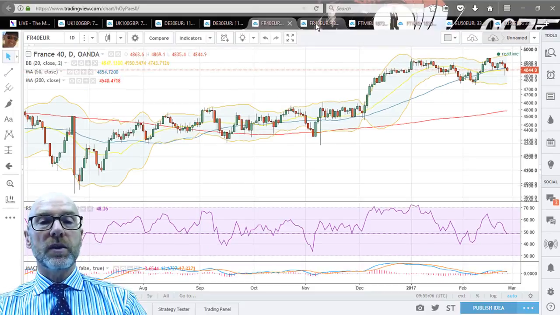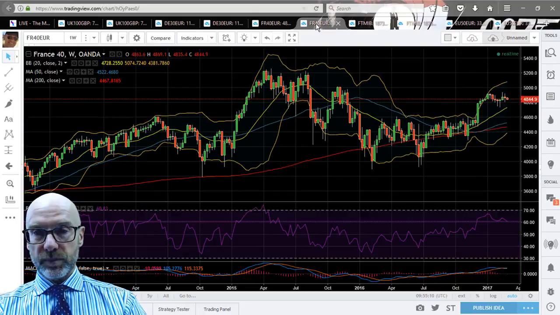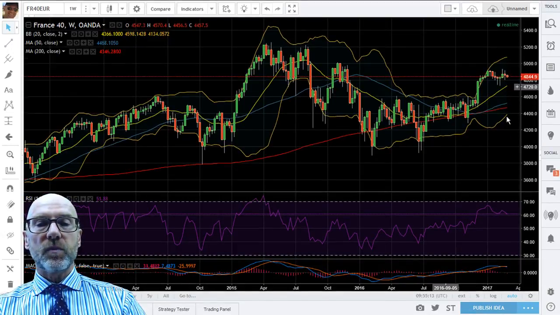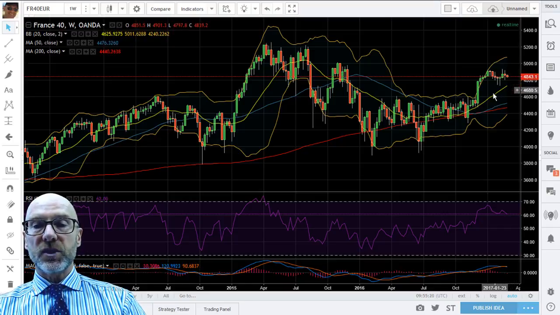On the longer term picture, you can see this rolling pattern. They support longer term supports. A lot of work was done on the markets through 2016.